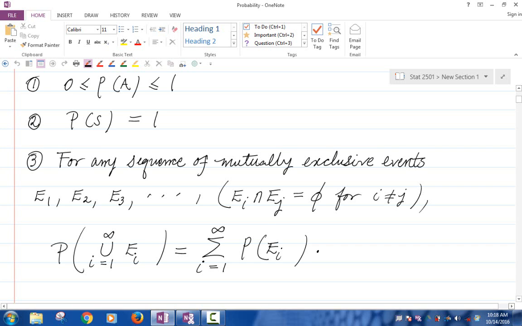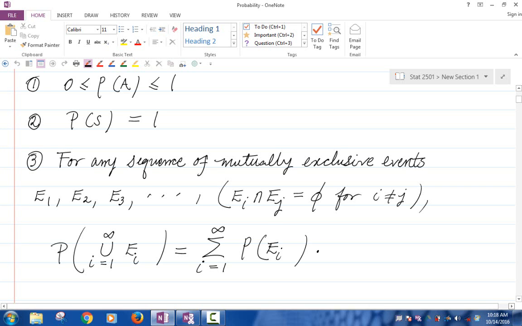The probability of the union of Ei, where i goes from 1 to infinity, is the same as the summation i going from 1 to infinity of the probability of Ei. Okay? The key here is that these events are mutually exclusive. Okay? So these are the 3 assumptions.